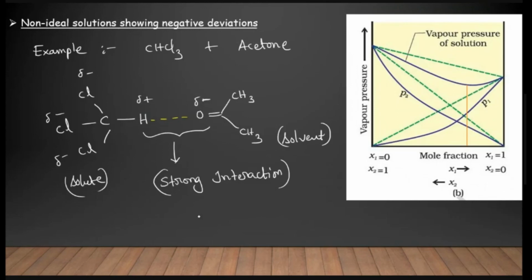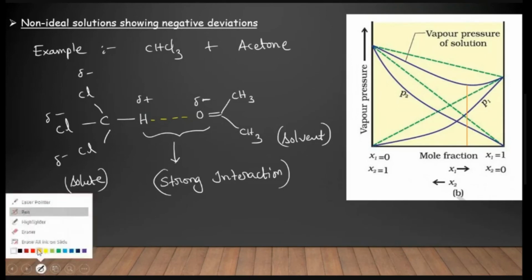So that's why a lot of negative deviation takes place from Raoult's law. Okay, I hope you understood from this example. Now let us see a little more examples which give negative deviation from Raoult's law. I've given only one example here, I'll give a few more.